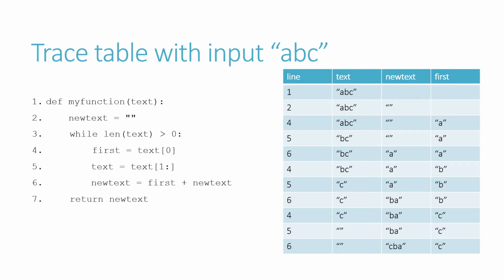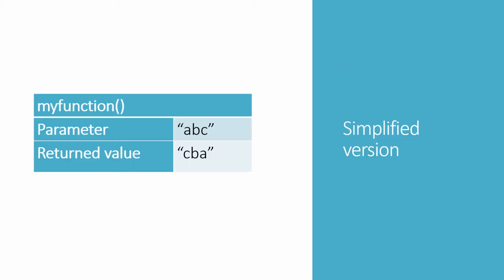So the completed trace table looks like this. We can see text going down until it's an empty string, at which point the loop stops and the function is completed. We could simplify the results of this trace table to say that when my function is called, it has as a parameter the string ABC, and it returns the value CBA.